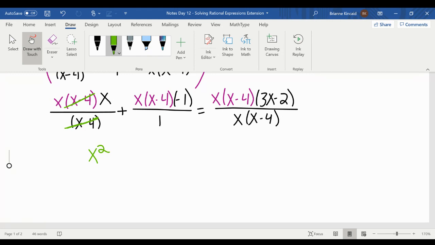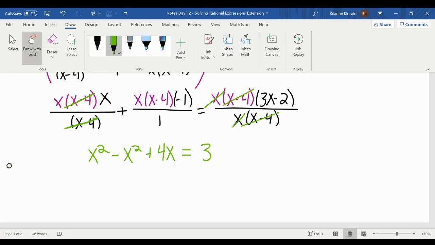I can't eliminate anything in the second fraction, so I go ahead and multiply. I have negative 1 times x, which is going to give me negative x, and I distribute it. So negative x times x, that's negative x squared. Negative x times negative 4 is positive 4x. And then in the final fraction, the one on the right side, I can eliminate the x and the x minus 4.